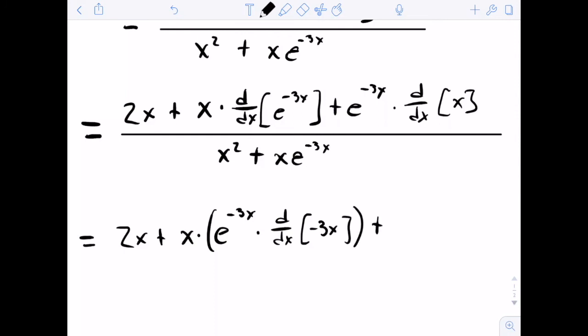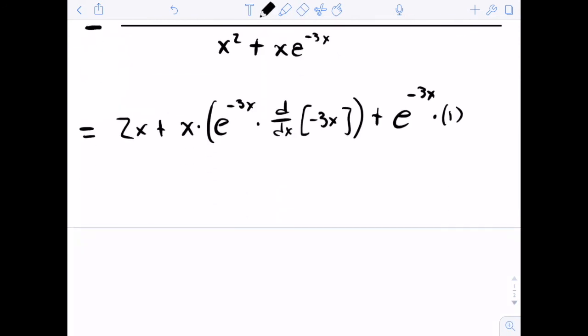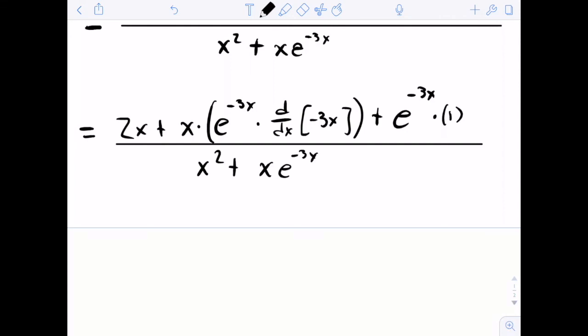And then we've got a plus e to the negative 3x left over, because this one here is just 1, so we're multiplying this by 1. And then it's all divided by x squared plus x times e to the negative 3x.